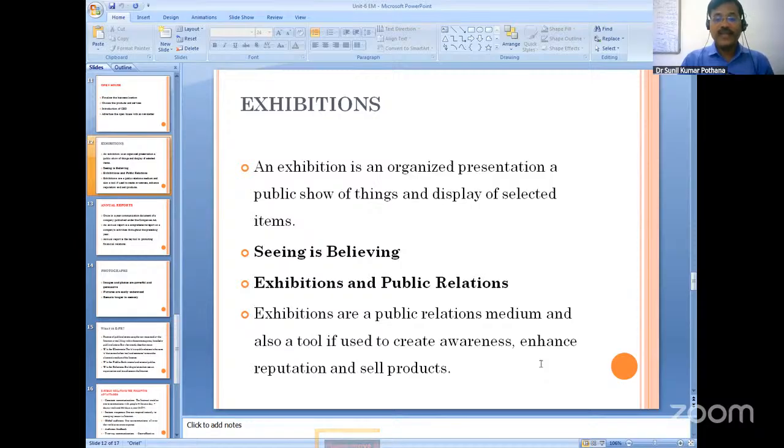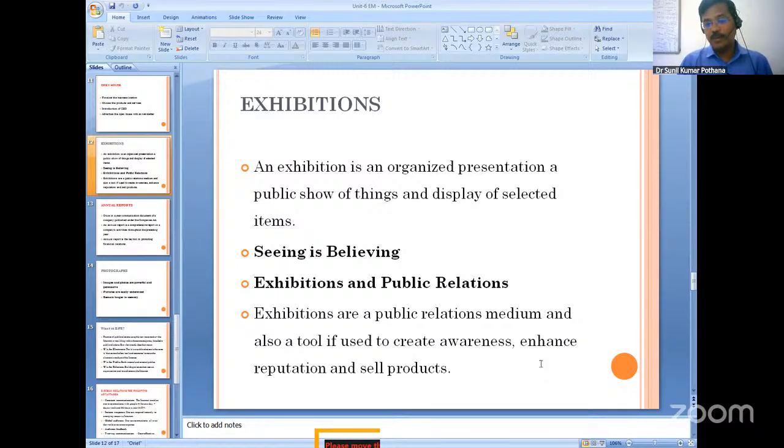But in the exhibition, they visit, they see the product, they test it also. It's possible in the exhibition. So generally the public or customers, if they see, they believe it. For that purpose, they conduct the exhibition.